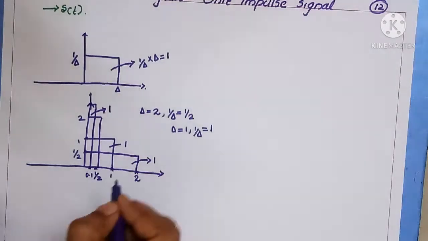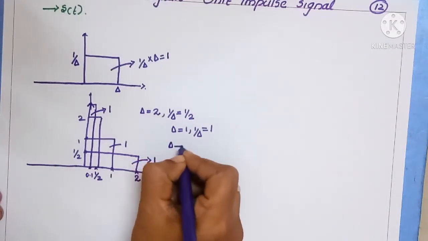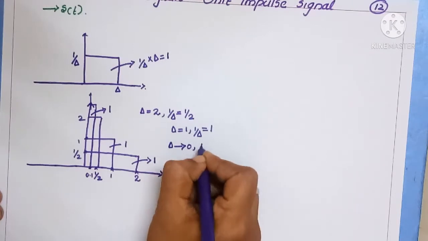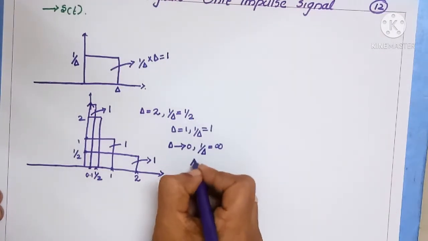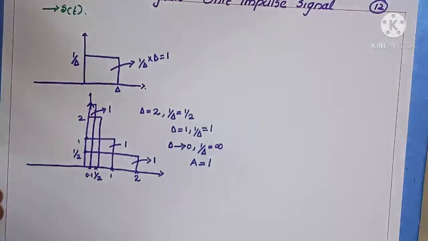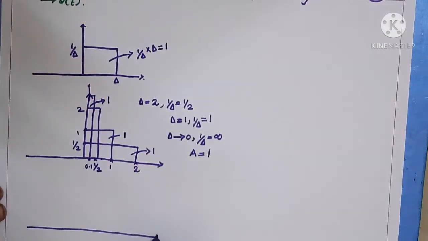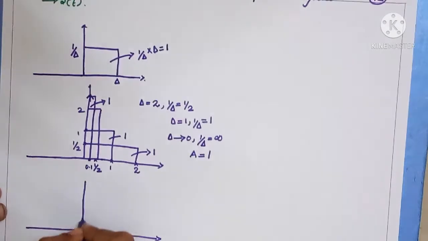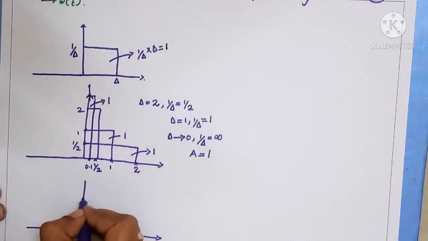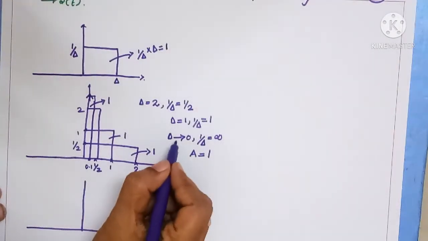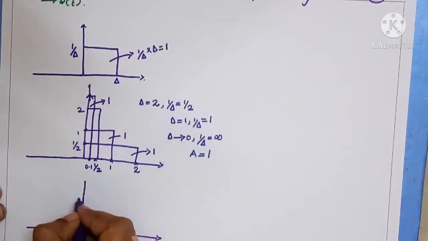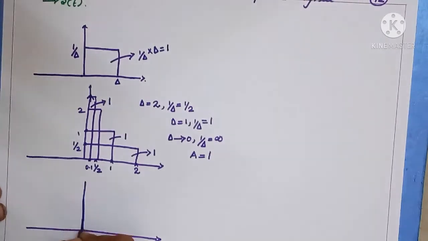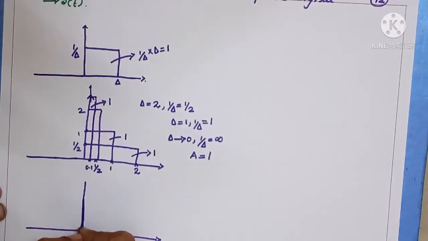If you make delta tend to 0, then 1 by delta is equal to infinity. Then what is the area? The area remains unity. So we can draw the diagram. If delta becomes 0 and 1 by delta becomes infinity, it looks like a narrow line.